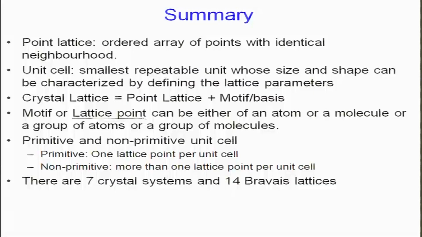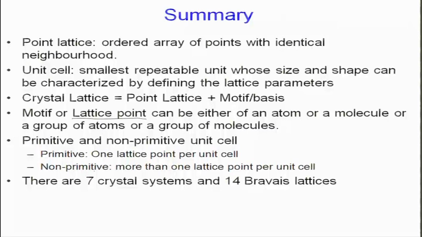The moment you have more than one atom, depending upon their relative distribution, the definition changes. You may have one atom, two atoms, three atoms, or several molecules within one lattice point. That is why we refer to it as one lattice point. So, one lattice point per unit cell makes a primitive lattice, and this can be a very big unit cell depending upon the relative orientation.